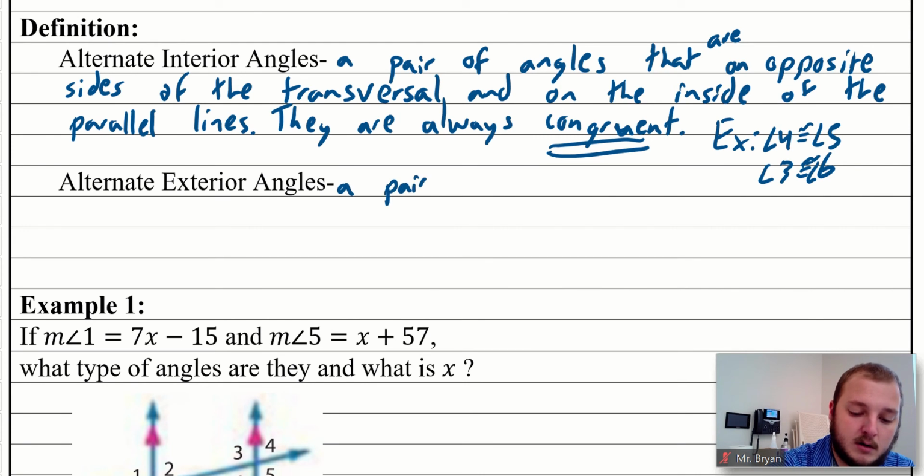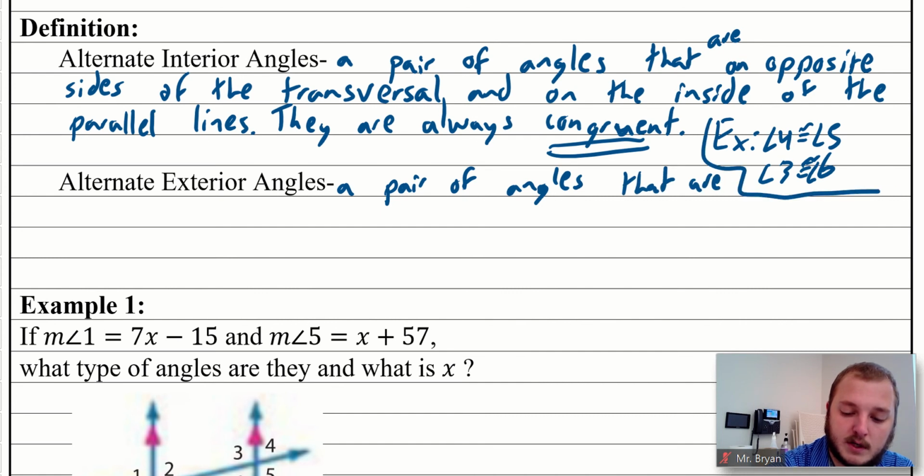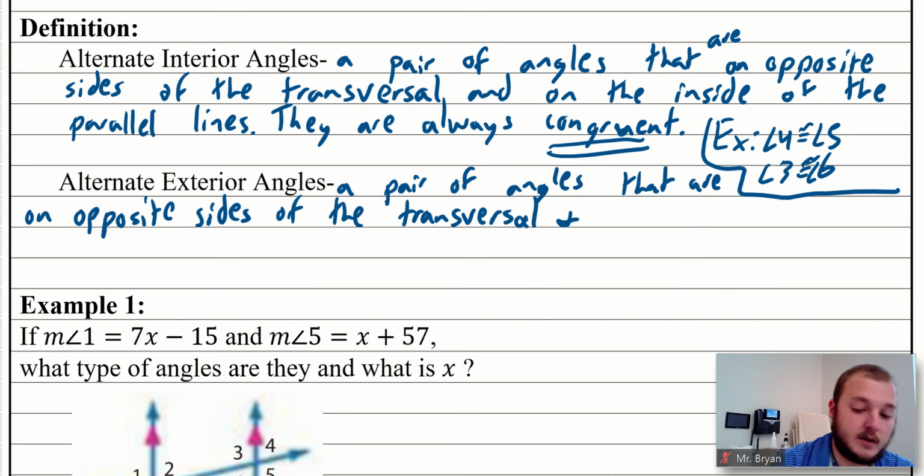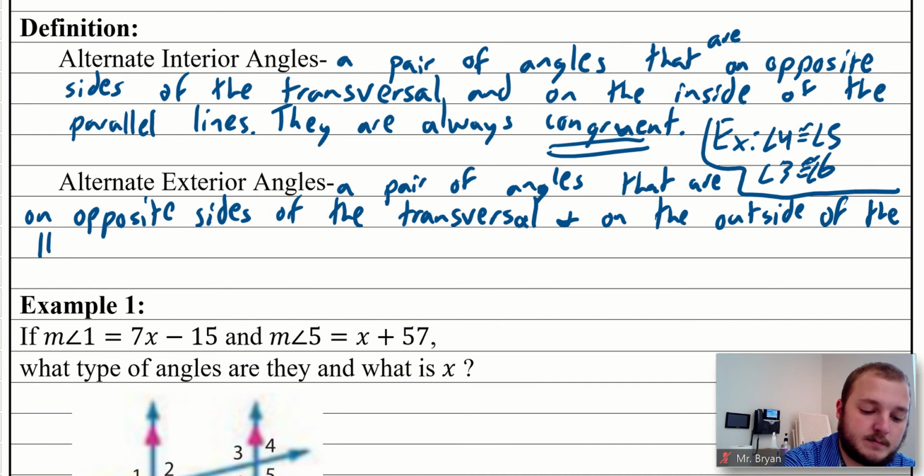This is a pair of angles that are on opposite sides of the transversal, and in this case, instead of being on the interior or inside, we say the exterior, so the outside, and on the outside of the parallel lines.